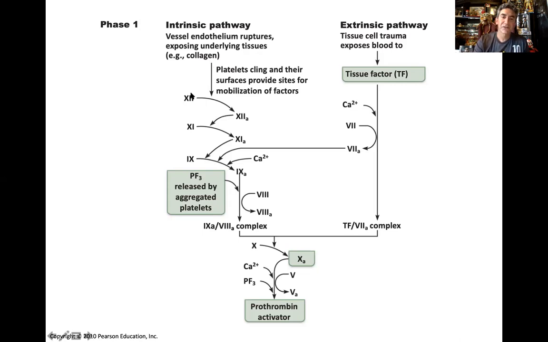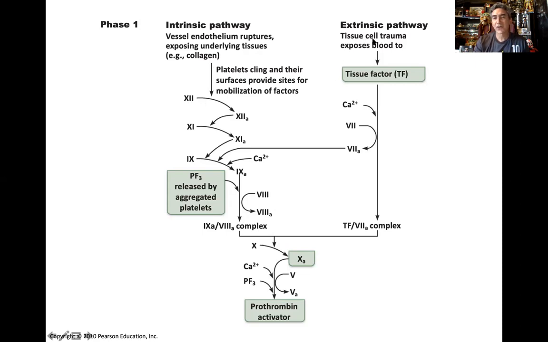This factor leads to this, leads to this, leads to this. Eventually, we're going to end up all the way down through the pathway to form prothrombin activator, right? So here's factor 8 that helps with this process. We'll talk about factor 8 in a bit.